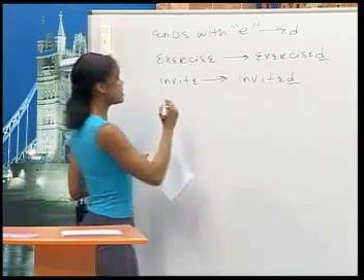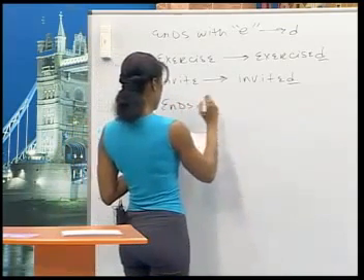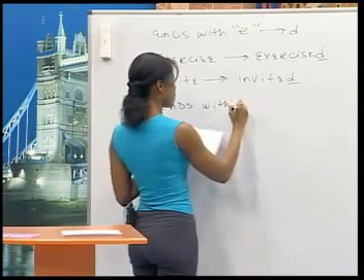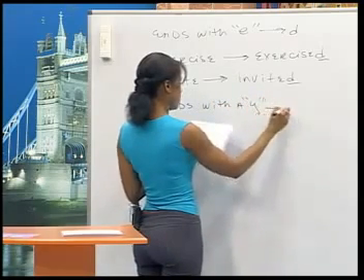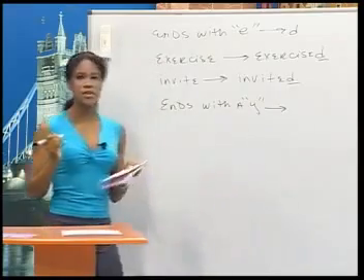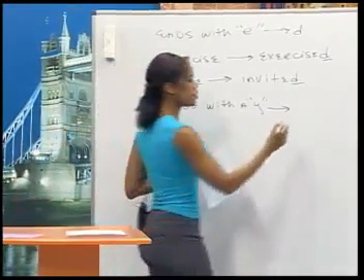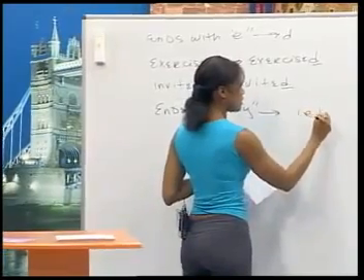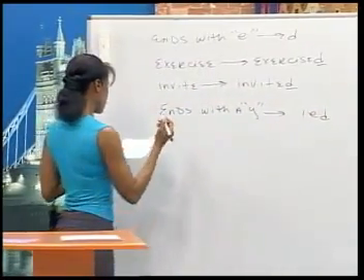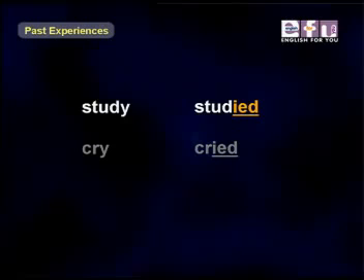Now when a word ends with a Y after another consonant, we change the Y to I-E-D. Okay? So for example, study ends in a Y after a consonant, after the D. So in the past tense, we write studied, change the Y becomes an I before the ED.